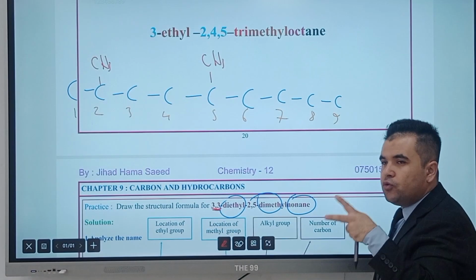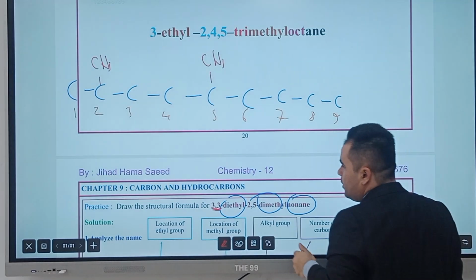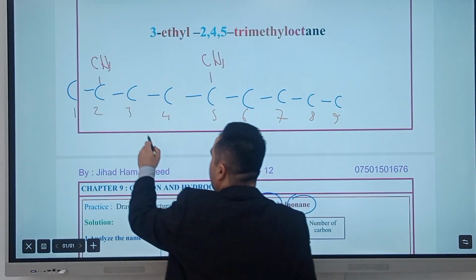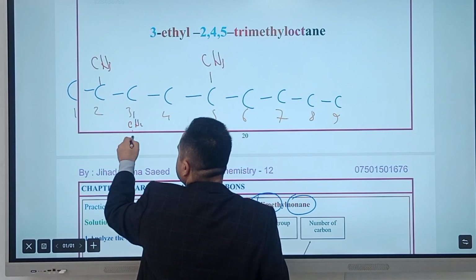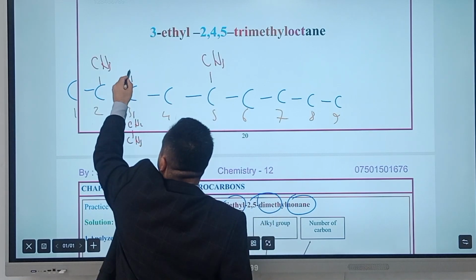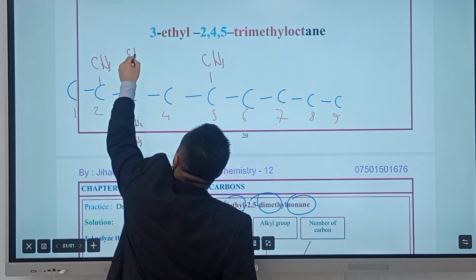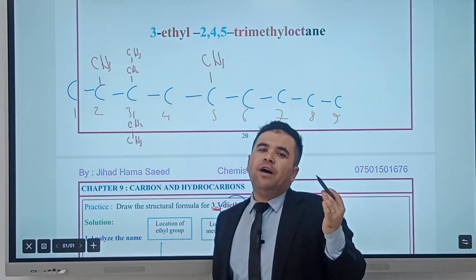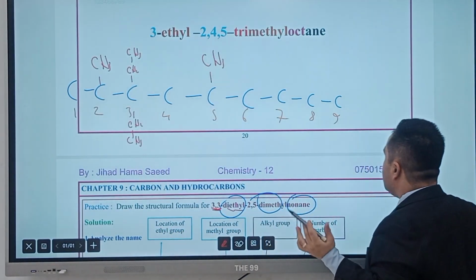That means there should be 2 groups. We have ethyl, CH2, CH3, CH2, CH3. This is ethyl, or we can sometimes write it as C2H5, no problem.